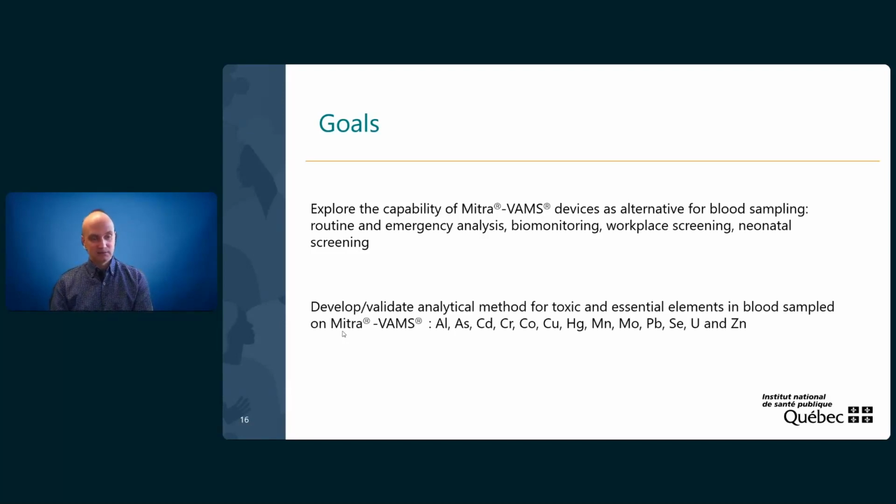And the second objective was to develop and validate an analytical method for some toxic and essential elements. Here is the full panel. Among them are aluminum, arsenic, cadmium, but also essential elements like copper, selenium, and zinc.